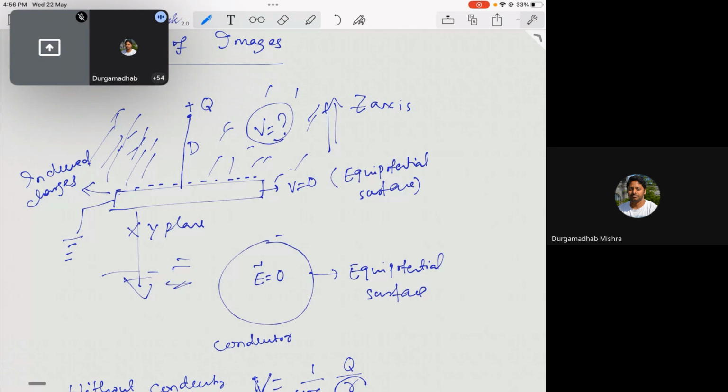You can basically change the problem and define a new problem where you come up with an image charge of your charge q, and you just ignore the existence of the conductor altogether. You say, I have an image charge minus q, which is simply a distance d from this place, so they are equidistant, and the potential due to that will be the same.